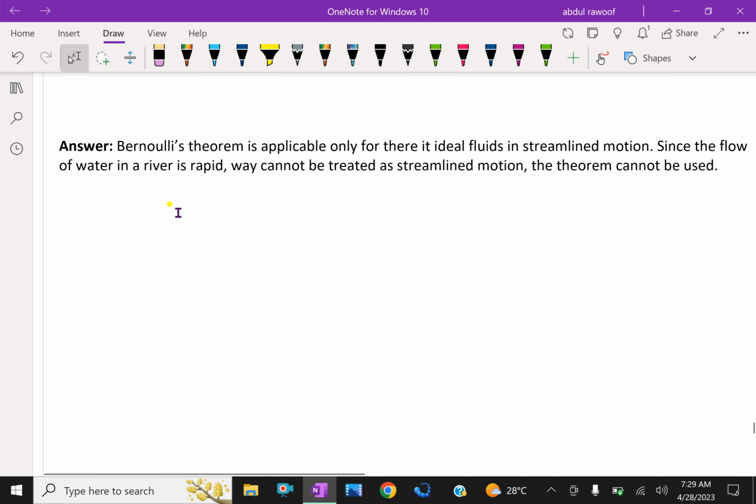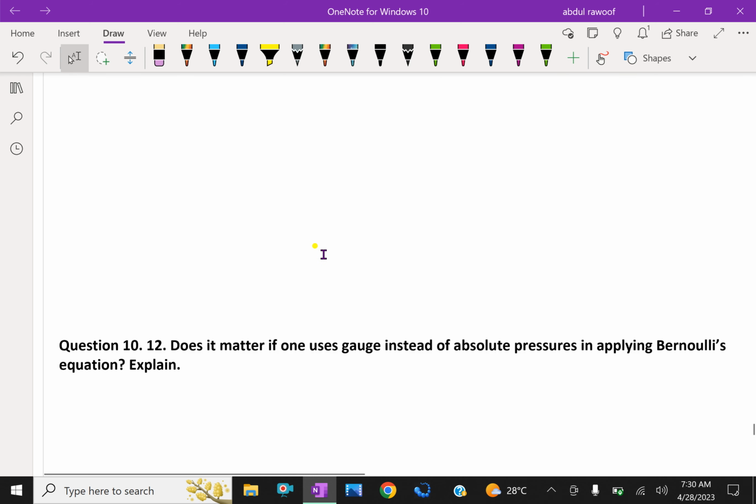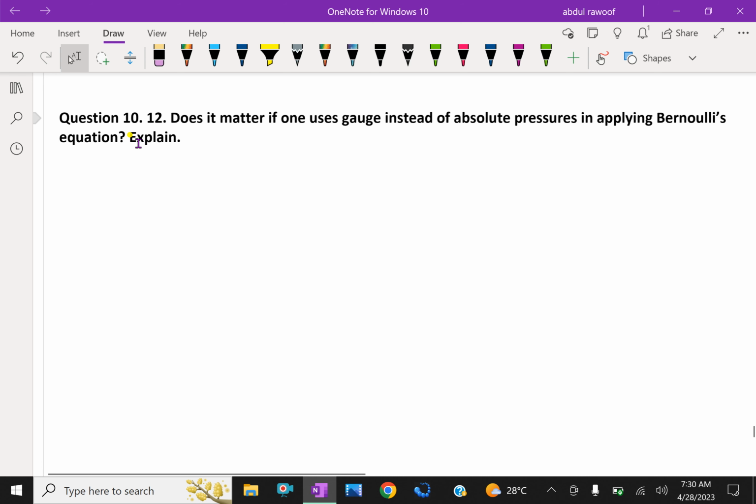Since the flow of water in a river is rapid, it cannot be treated as streamlined motion. Therefore, the theorem cannot be used. Next question.